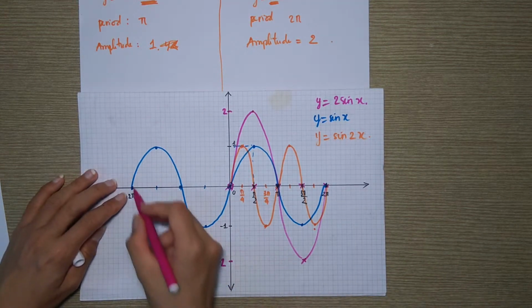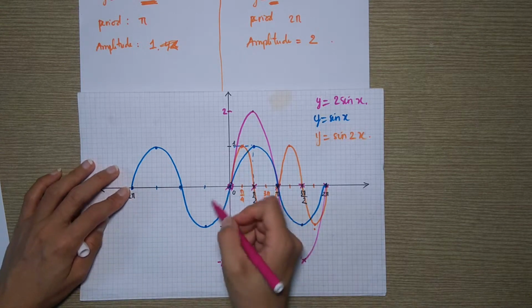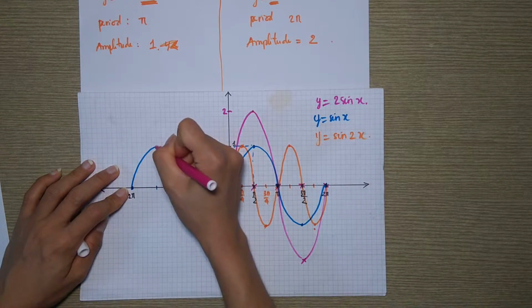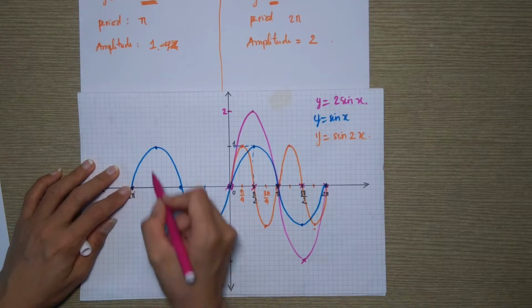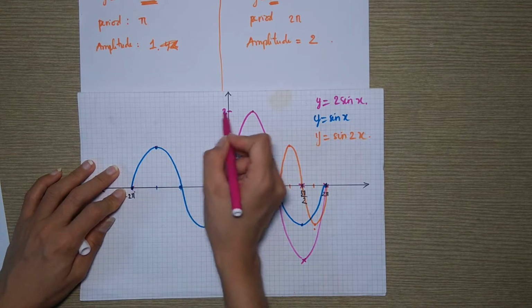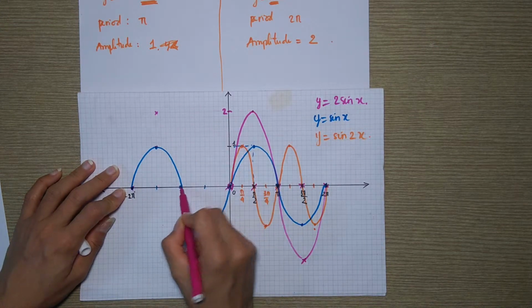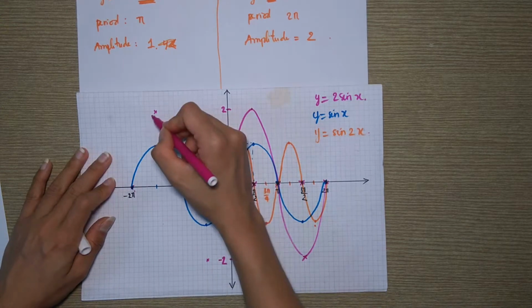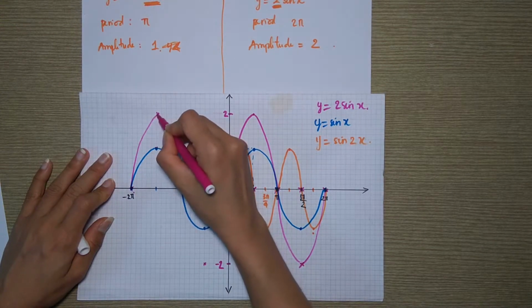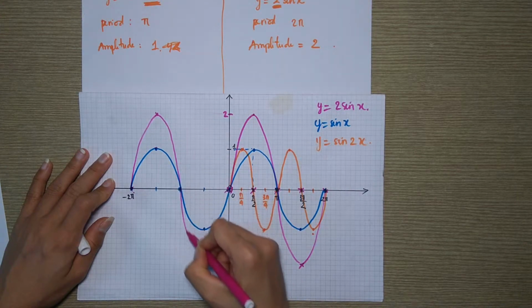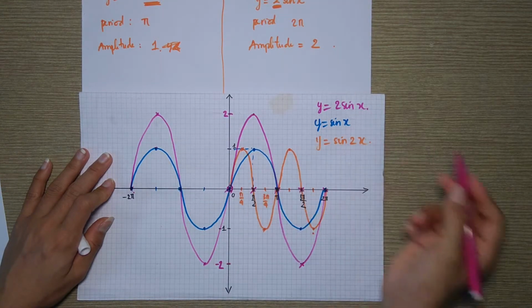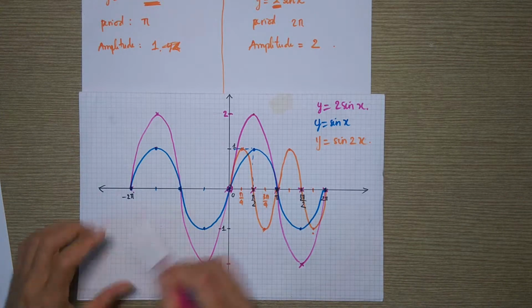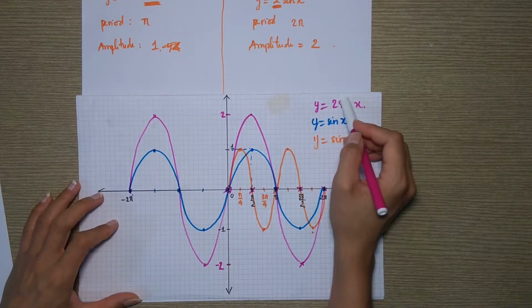If you keep going this way, you will have this part the same. So 0, 0, 1 will go to 2, 0 is 0, but negative 1 will go to negative 2. So that would go the same. So this is the function y equals 2 sine x.